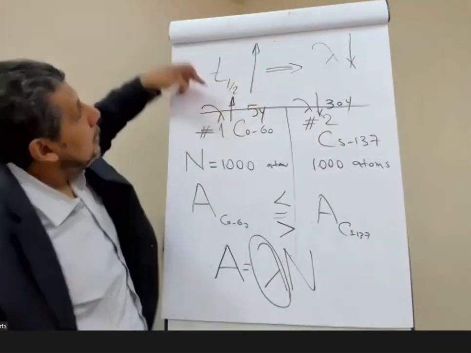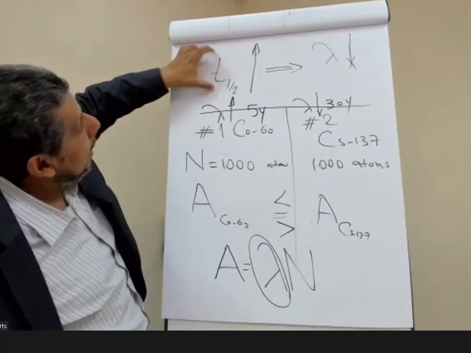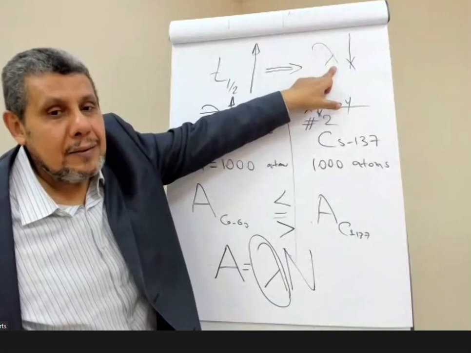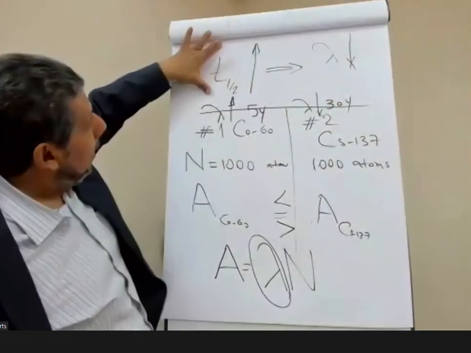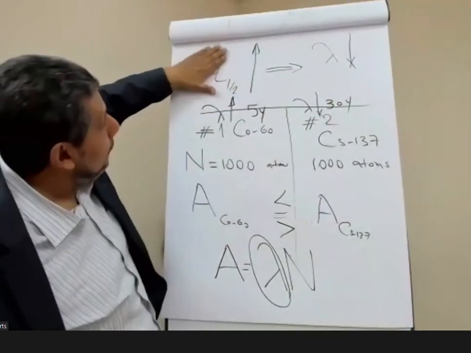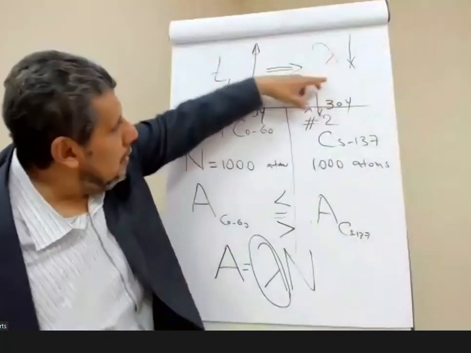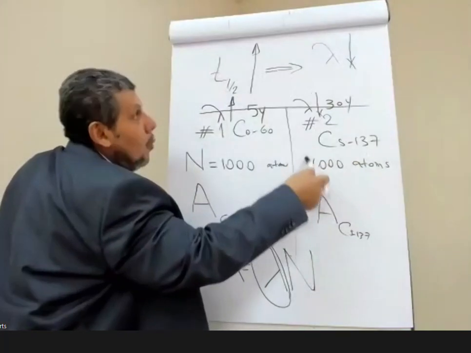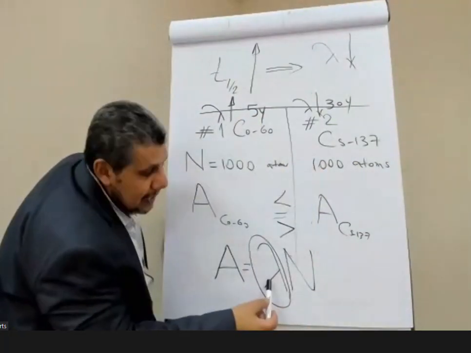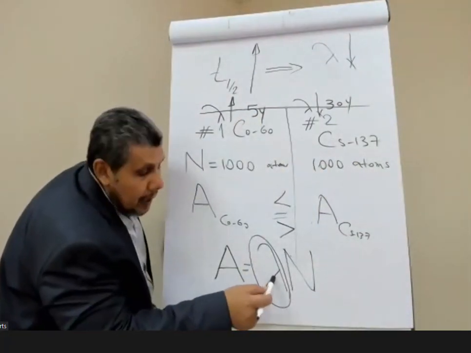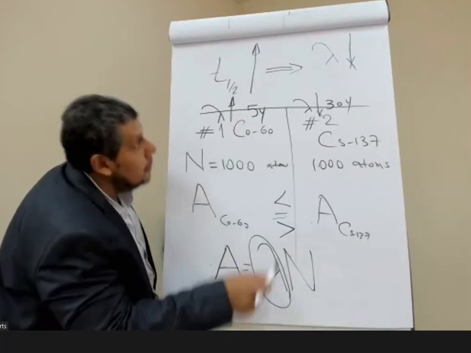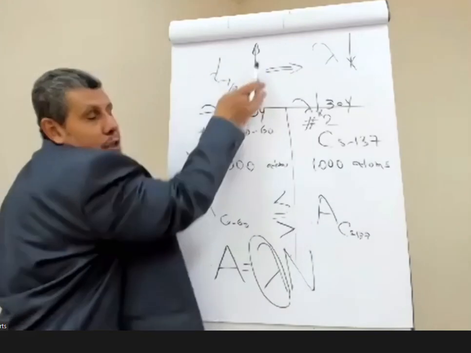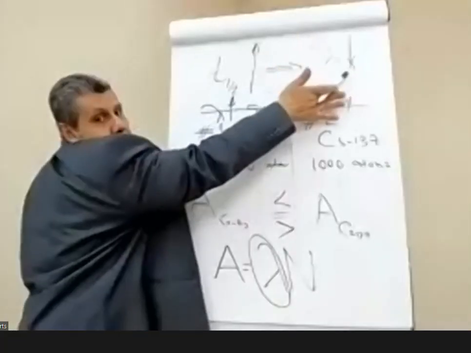Remember when I told you, if we have a higher half-life, lambda is lower. A longer half-life means lambda is low. They are inversely proportional.